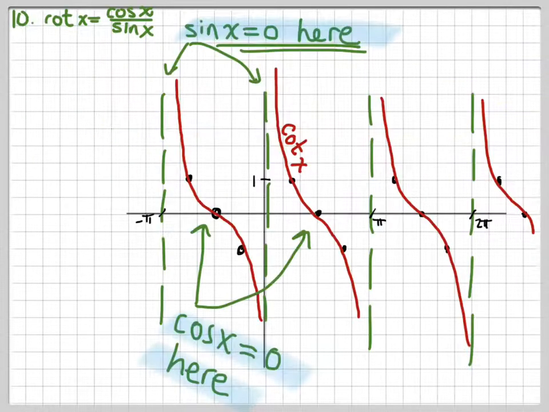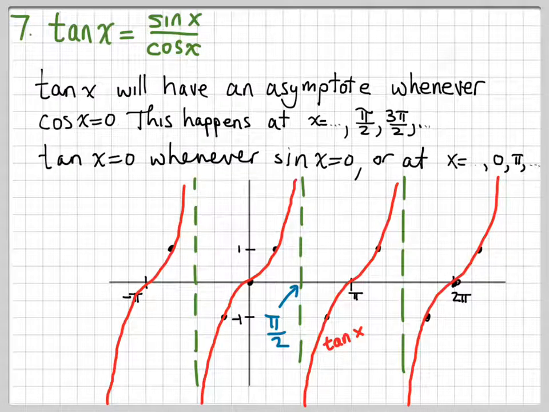So look really briefly, there's tangent. It goes up and to the right every pi, and the asymptotes start at pi over 2.